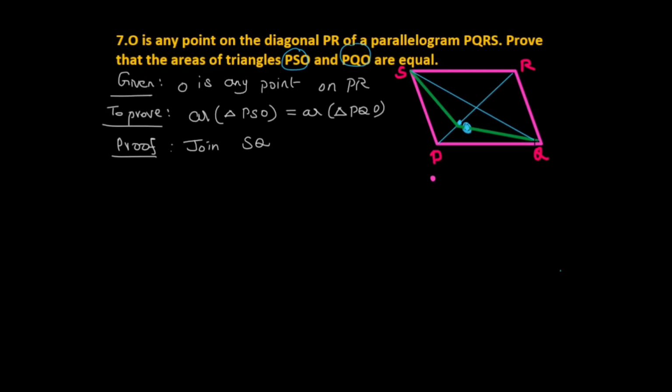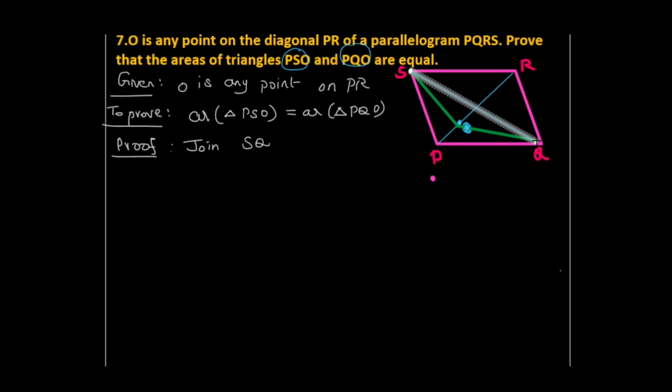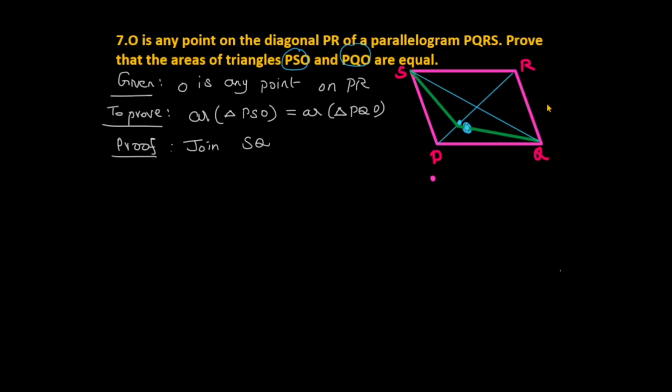So what will happen? We will get the point of intersection of the diagonals. Definitely the point of intersection of the diagonals and point O are different points, not the same. This point of intersection of the two diagonals, say this is T.